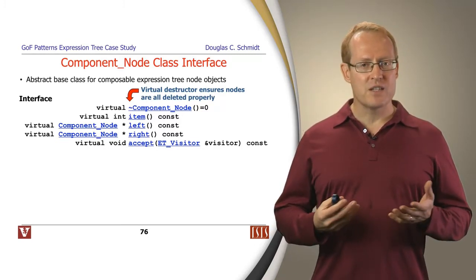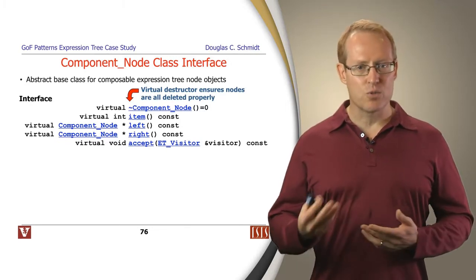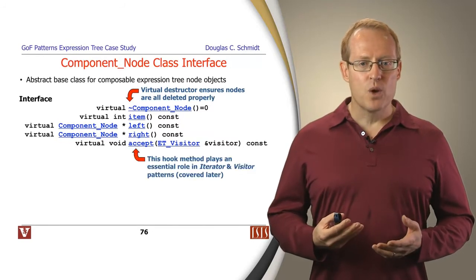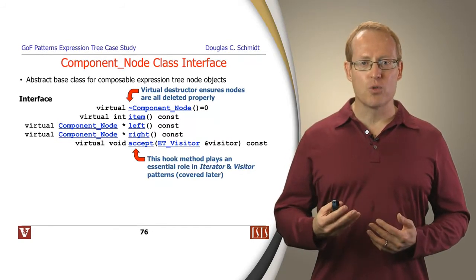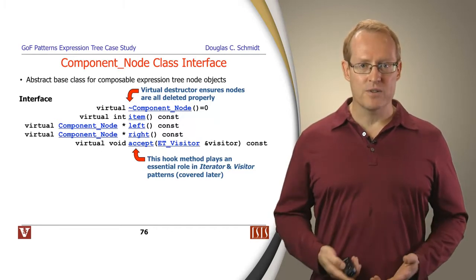It also defines a set of operations to access various parts of the node, its value, its left child, its right child, and so on. And it also has another very important method called accept, which is a hook method that'll play an essential role later when we talk about the iterator and visitor patterns.